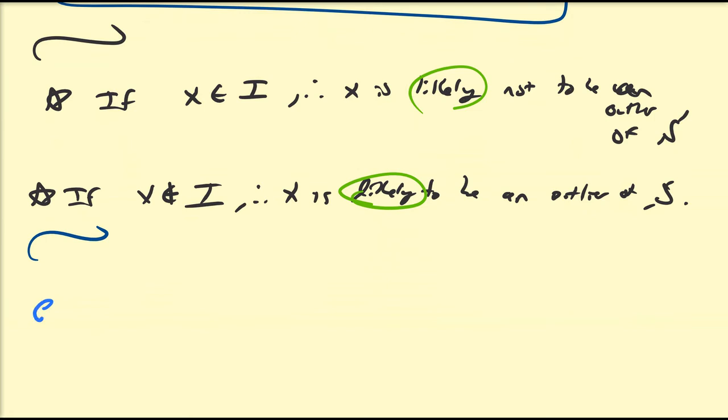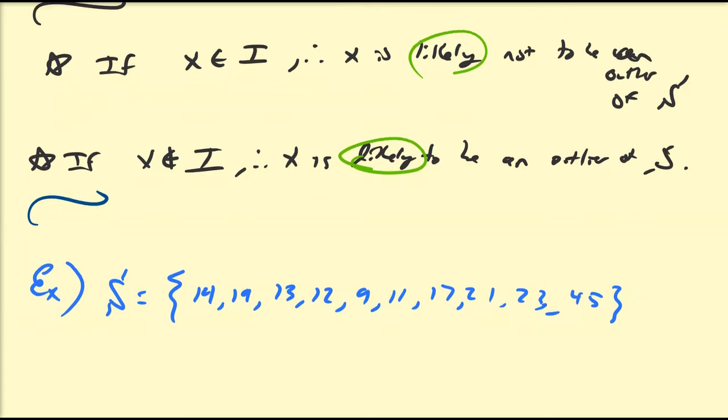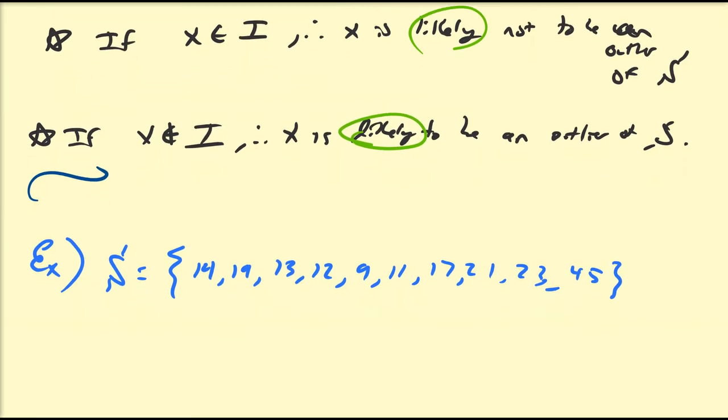Alright, so let's look at our example set, and let's assume it has the values 14, 19, 13, 12, 9, 11, 17, 21, 23, and 4. Take a moment and calculate the inclusive interquartiles for this data set.